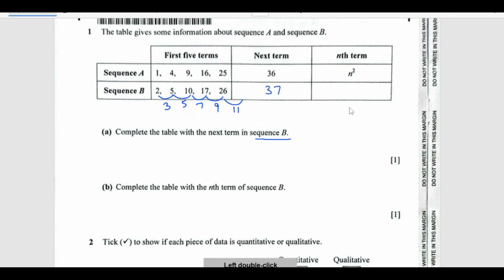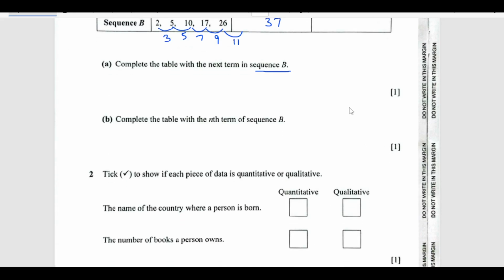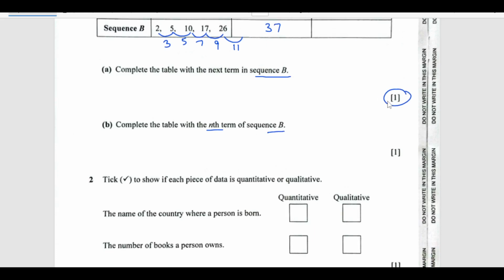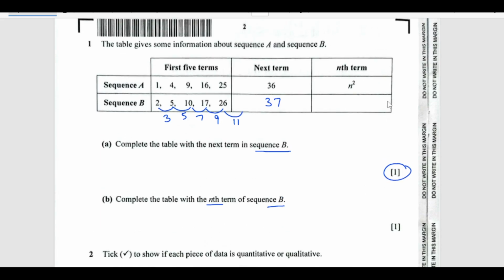So, this was the first part. Now, for 1 mark, complete the table with the nth term of sequence B. We are looking for the nth term of sequence B. As you see, the differences here are 3, 5, 7, 9, and if I go one step further, we have a difference of 2, which is the same.